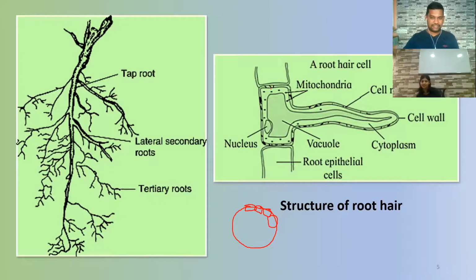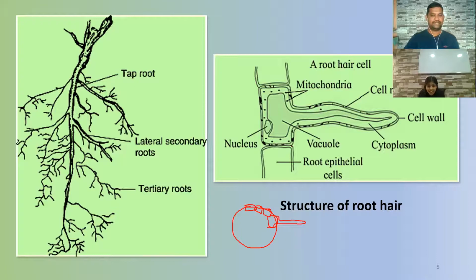Now these cells that you see, these rectangular ones, are the cells of the epidermis. The epidermis of the root is called rhizodermis. So the cells of the rhizodermis at different regions give out root hair like this.